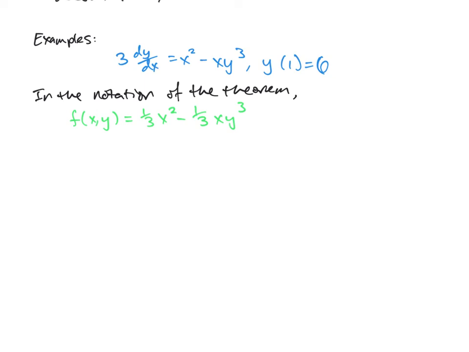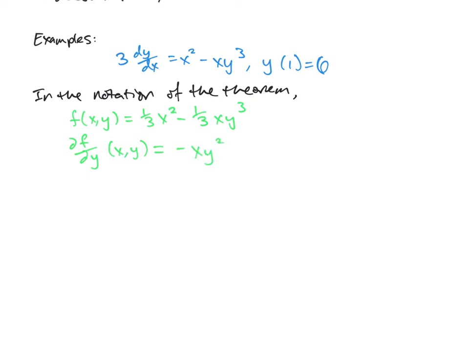And similarly, we can compute our derivative df dy. F is a function of two variables, x and y, so we want the derivative with respect to the y variable. That's easy enough. The first term is just 0 because it doesn't change with respect to y. And then we get a negative x y squared.